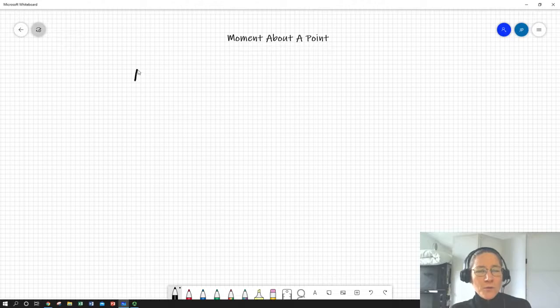So for our purposes, moment is defined as the distance from the point about which we care, our radius vector from the point of interest to the line of action of the force, crossed, this is the vector cross product, into the force vector.